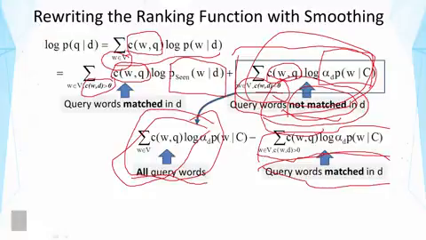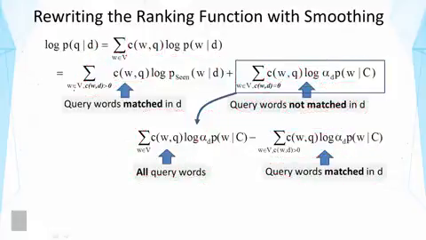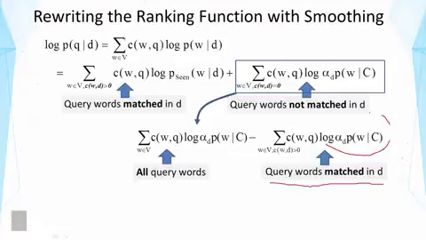And this is almost a reverse process of the first step here. Right? And you might wonder, why do we want to do that? Well, that's because if we do this, then we have different forms of terms inside these sums. So now you can see in this sum, we have all the query words matched in the document with this kind of terms.